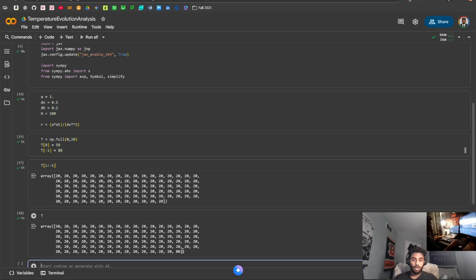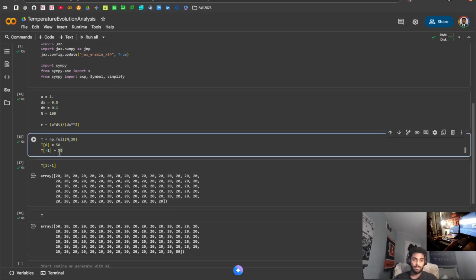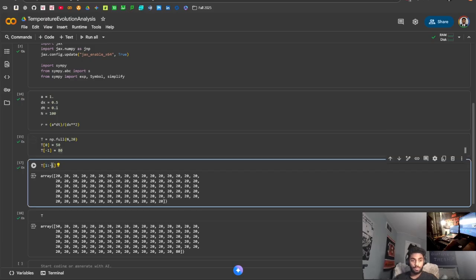But this ending 80, which we defined as -1 earlier, is actually excluded in the indexing. So it goes from this term to this term -1. So really what it's showing us is 1 to position -2.